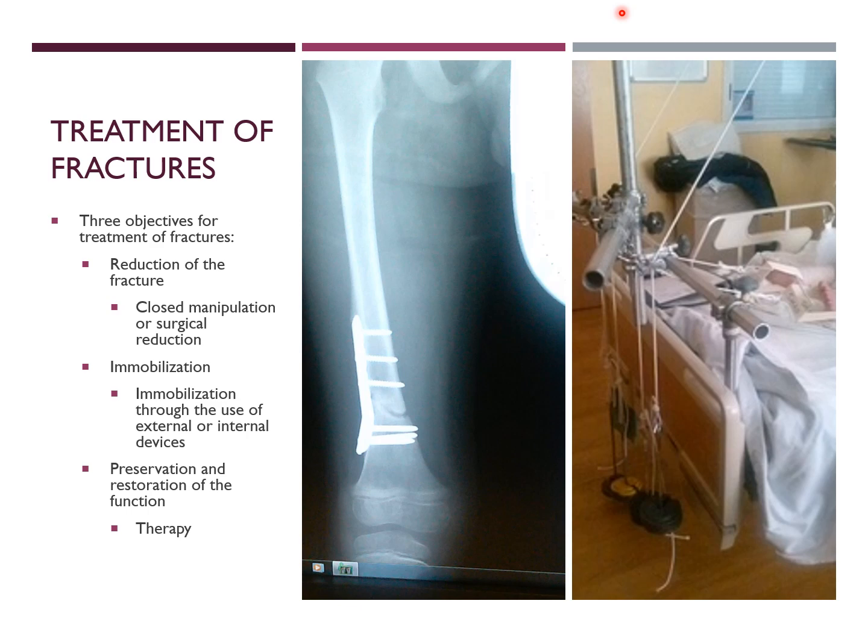But we can do this either through what we call closed manipulation or closed reduction, or through surgical reduction. And closed reduction or manipulation is a non-surgical way where we just physically manipulate the bone from the outside of the extremity, to move the ends of it back into place.